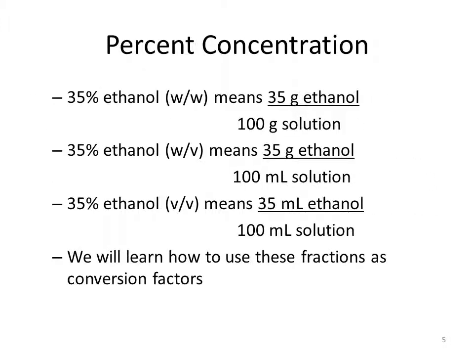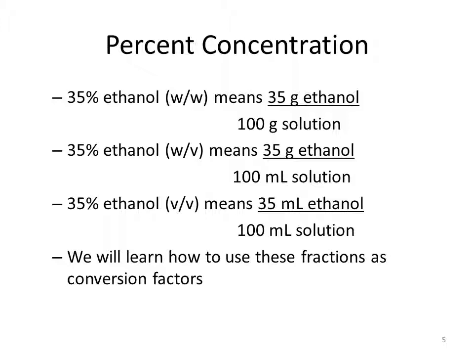So 35% ethanol, weight by weight, means 35 grams ethanol in 100 grams solution. The way that we make that up is we add 35 grams of ethanol to 65 grams of whatever the solvent is.